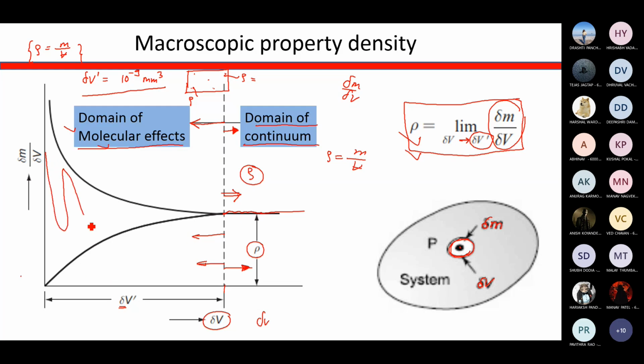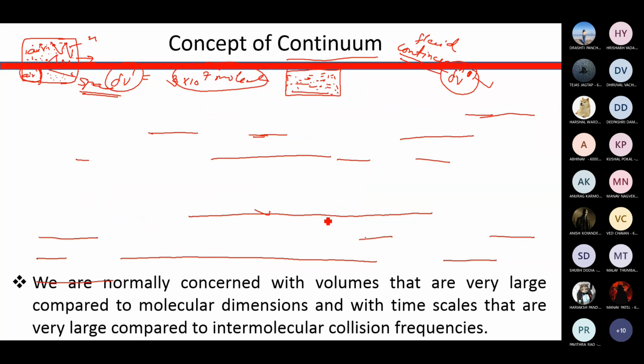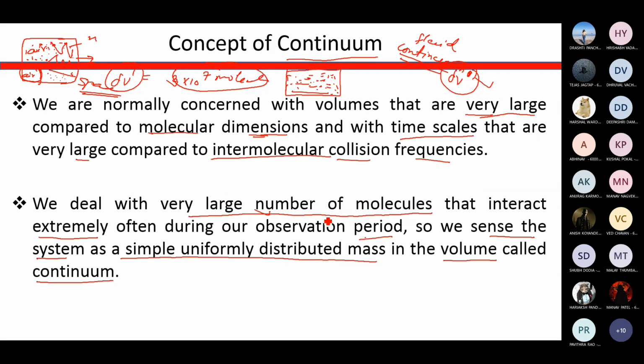The density will be fluctuating like this, and from this point onward, you will find that the density is constant, or you can simply define density as mass per unit volume. So the straightness of this line indicates that mass is distributed uniformly. Clear? I hope it is clear now. What is the concept of continuum?